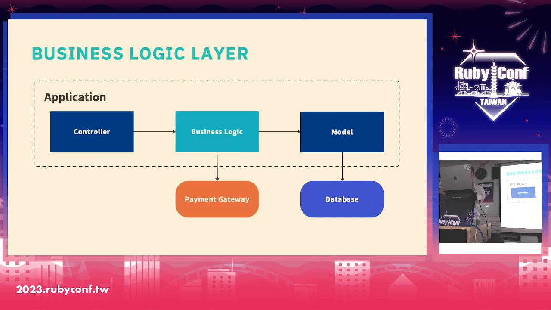It also improves reusability: we're not only using it as a web server, we may integrate with a message stream platform, where our starting point is not the controller, it's the message queue, for example. So this logic layer is quite helpful for our application.